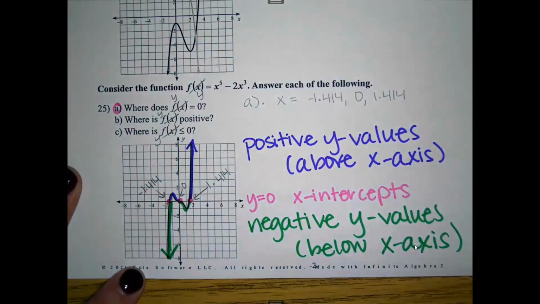And I'm not worried about writing these like points because they didn't ask what point, like where's the x-intercept, which is a point. They just said, where do you have y values of 0? Where is that happening? So x values only are good answers.